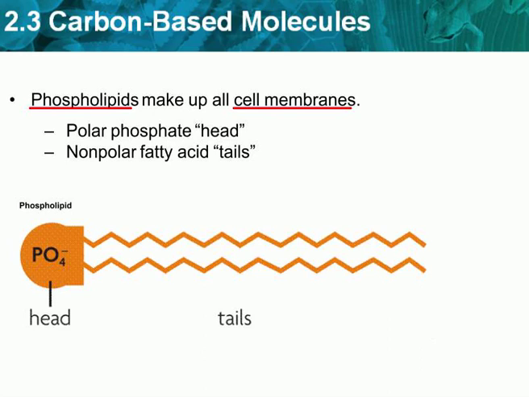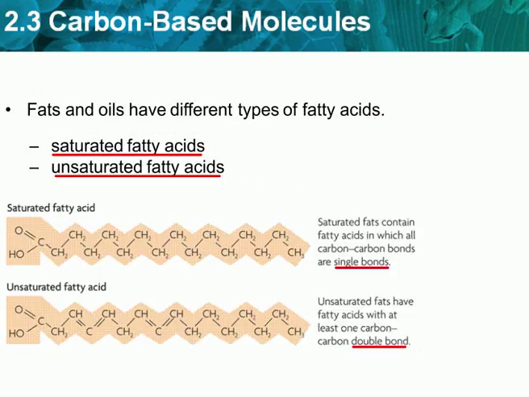Like I said, we'll look at that in more detail later on in the cell unit. Fats also get categorized, and you've probably heard this when you think about food labels: saturated, unsaturated, polyunsaturated, or trans fats. What that's referring to is how the carbon to carbon bonds are made.